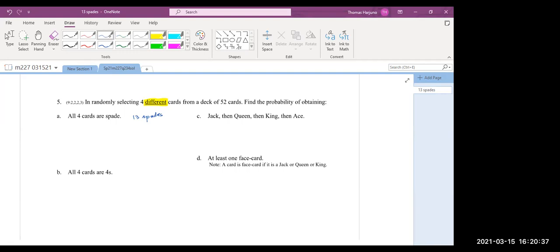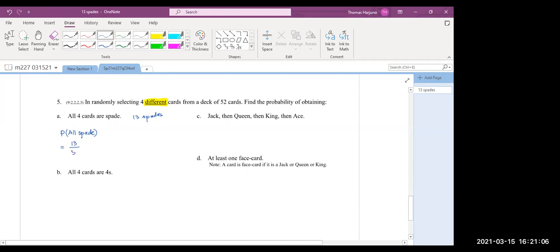So the probability to have all spades is equal to, now, what is the probability the first card is a spade? How many spades do we have? 13. Out of how many cards? 52.